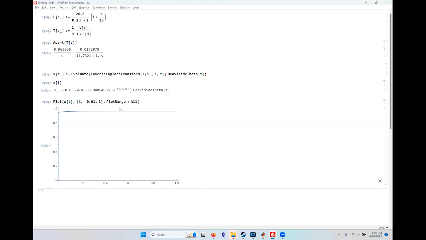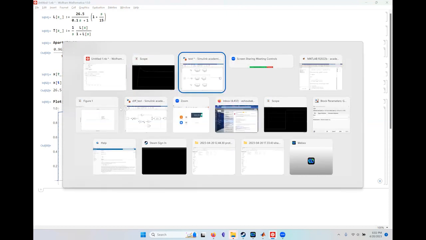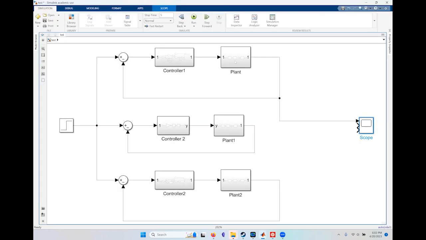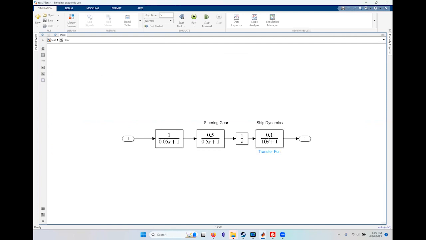This is something we could do on paper, and we already learned how, but it's also a good exercise to show you how to do these analytic manipulations in a computer algebra tool. So again, going back, the plant is a transfer function, 0.1 over 10s plus 1.